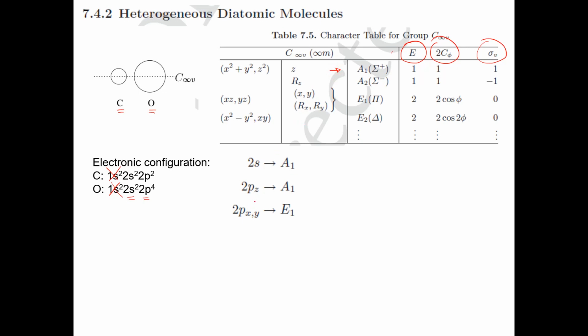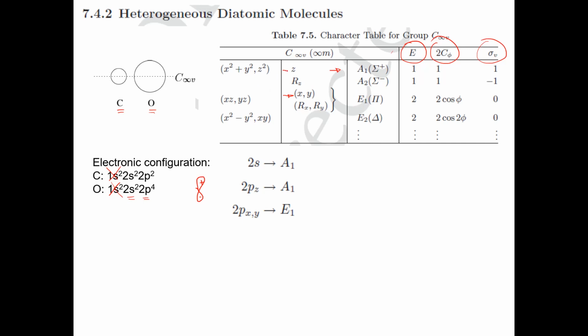But the p orbitals, px, py, pz, they transform like a vector, right? The p orbitals transform like a vector. So I have to look up in the character table where the x, y, z coordinates are. So I can see here x and y, and they are bases for the E1 representation.